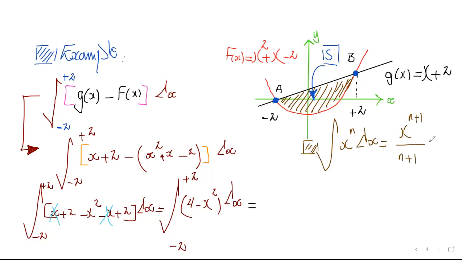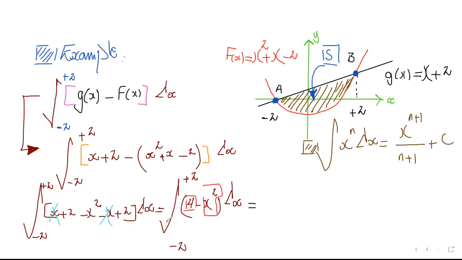We can also say plus a constant, but it doesn't matter to include it. Now, I'm going to do it one by one. We have two terms to integrate. One is 4, and the other one is x squared.